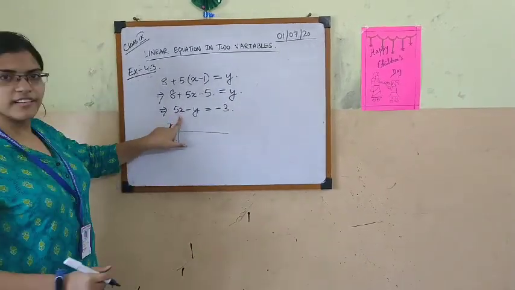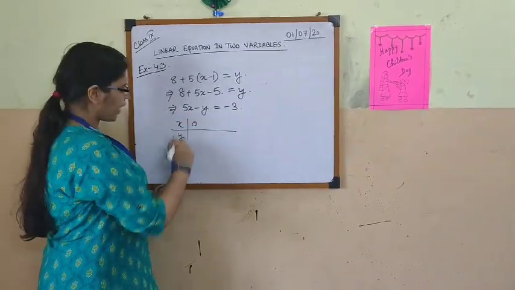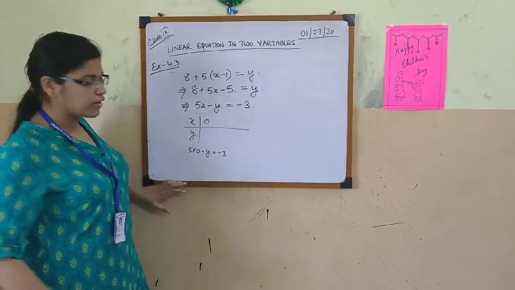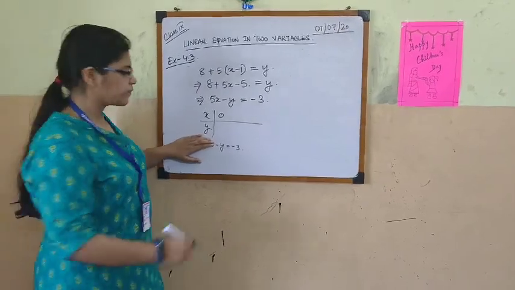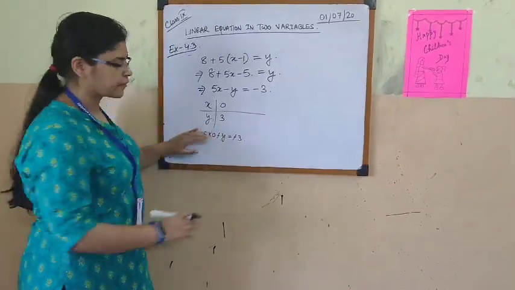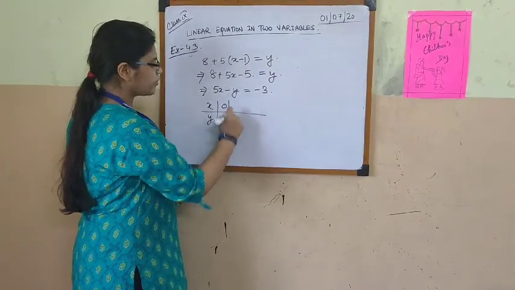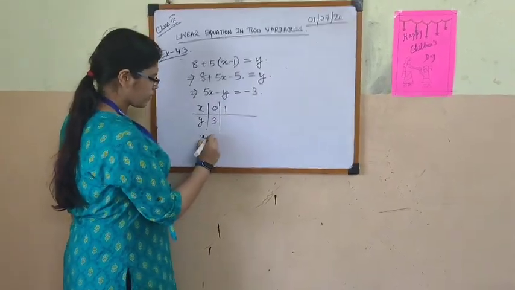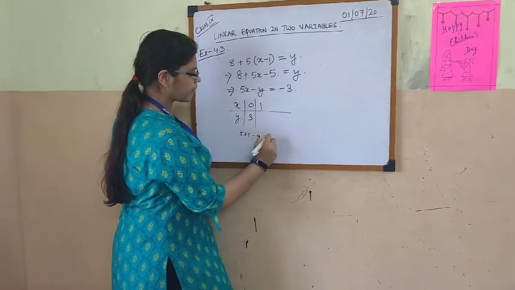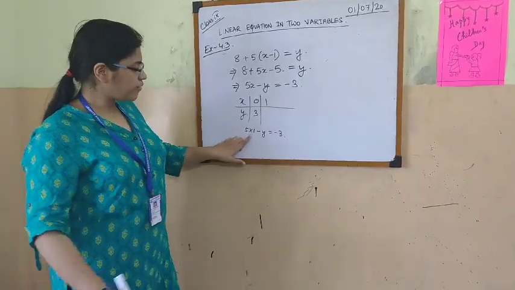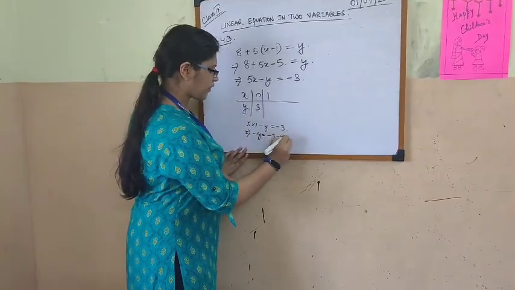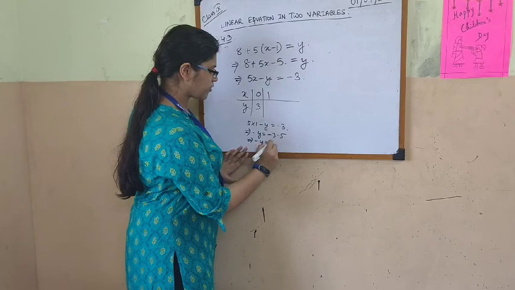If I put x as 0, then 5 into 0 minus y equals minus 3. So this part will be completely cancelled, and y will become 3 because minus and minus cancel. Next if I put x as 1, then 5 into 1 minus y will be minus 3. So this is 5, and minus y equals minus 3 minus 5, that is minus y equals minus 8.